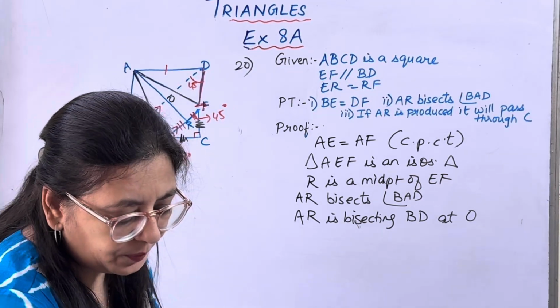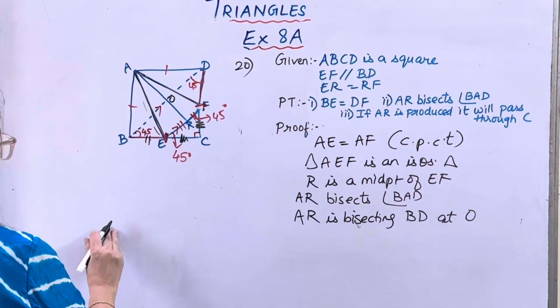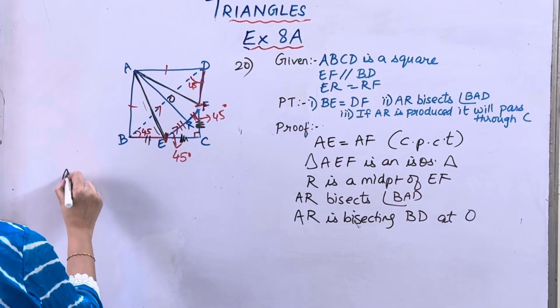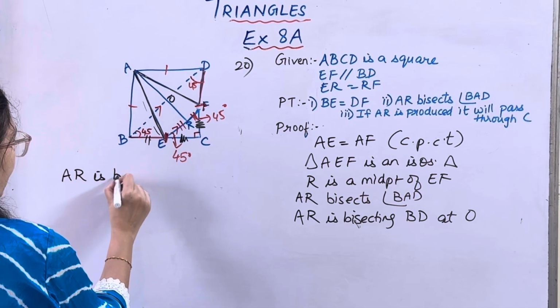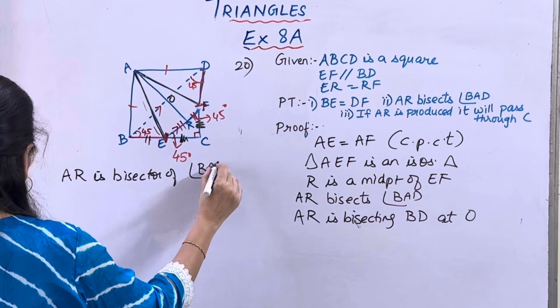Now, we have already written this. Here we know that AR is bisecting BD at O, and AR is a bisector of angle BAD also.